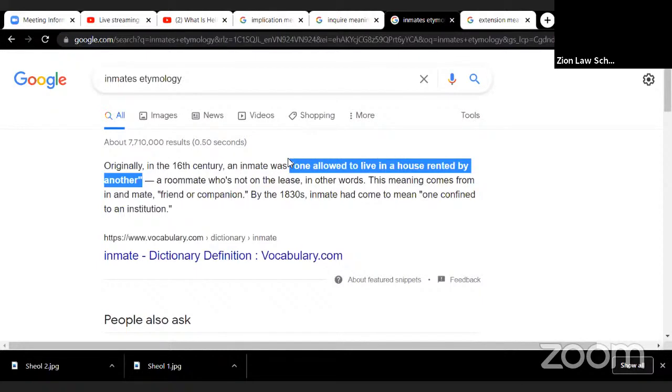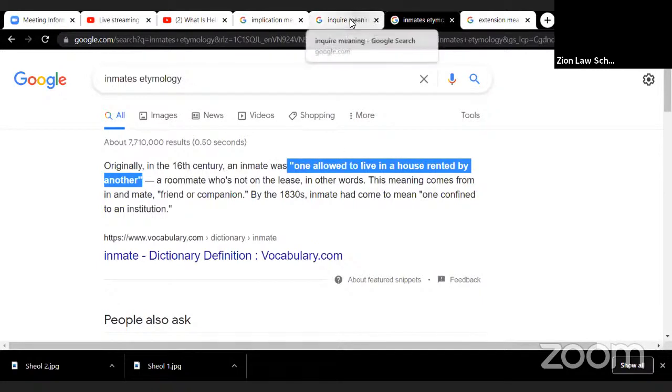And contrast this with when you have your own or allodial, right? So we have our own land. It's ours. But when you rent from someone, you're an inmate. I've never made this connection before. If you have a mortgage, or if you're renting a house, you are an inmate.